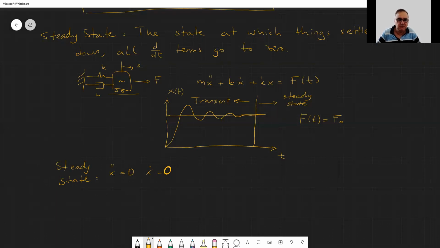So our equation is like k times x at steady state will be equal to f0, right? So we have settled down at a steady state value here. And as you see, x steady state will be f0 over k, right? So the steady state value of this system is the force amplitude divided by the spring constant, as you can see. That is more or less clear.